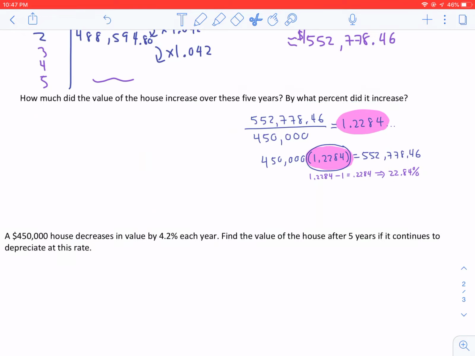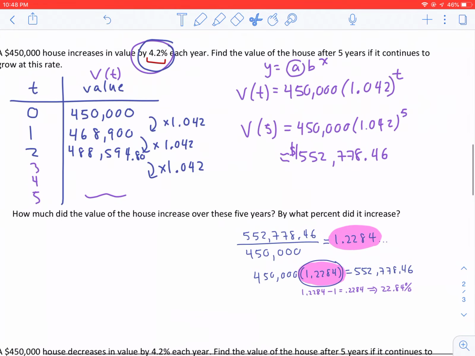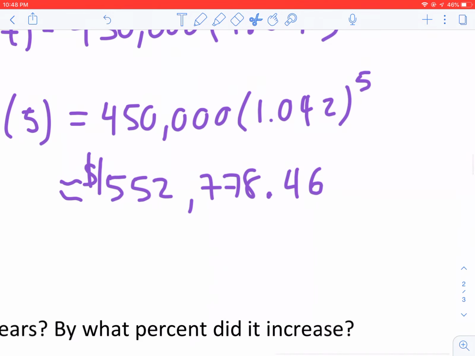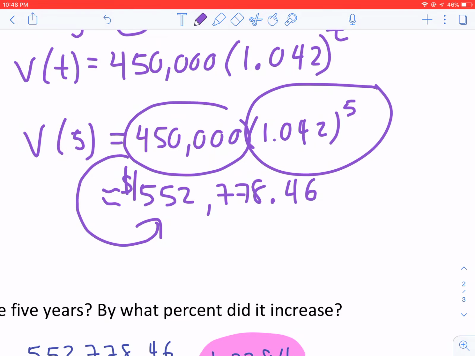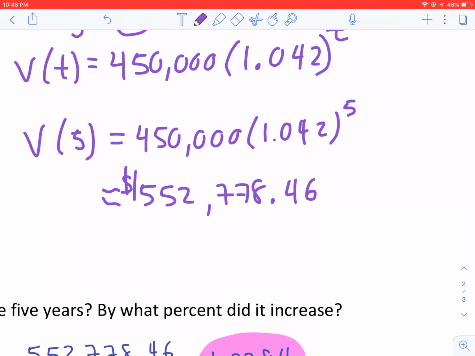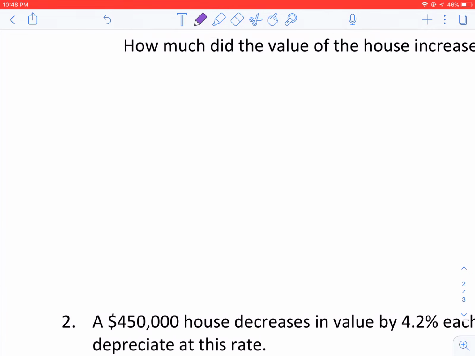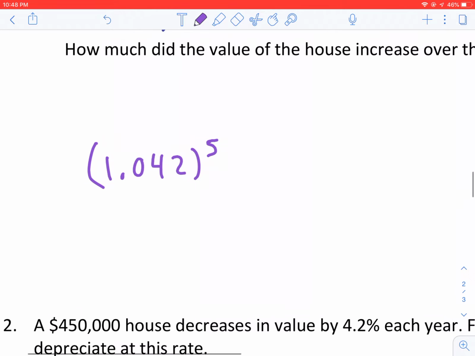Another way to get the percent increase is, again, what did we multiply by overall? To go from 450,000 to this, we multiply by 1.042 to the 5th power. So if you did 1.042 to the 5th power, that is approximately equal to 1.2284.